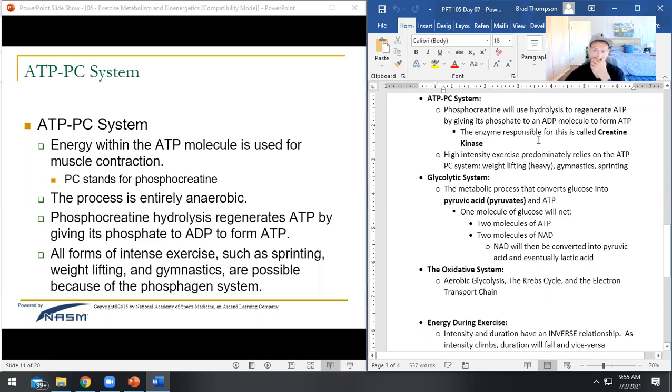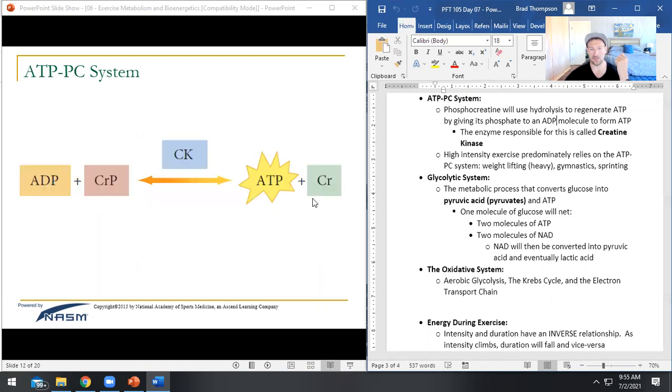There is an enzyme responsible for this chemical reaction. We call that creatine kinase. So you can see you've got ADP and some creatine. Creatine kinase will reform your ATP molecule by taking the phosphate and moving it over here. And then you're left with some energy, ATP, and a little bit of creatine left over.